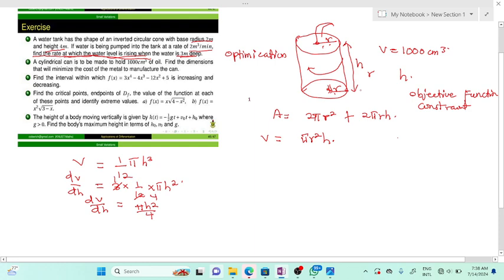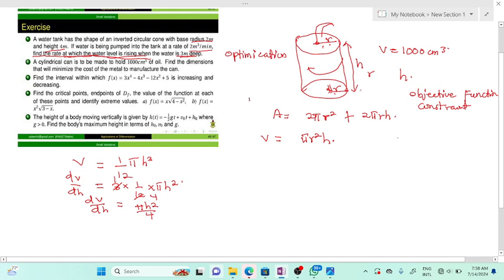Now, what is the next thing to do? Our objective function is the surface area. That is what will help us to get our parameters. From the constraint, we know that the volume is equal to 1000. So now I can make my height the subject: h equals 1000 over pi r squared. Then I will substitute this into my objective function for it to be optimized.